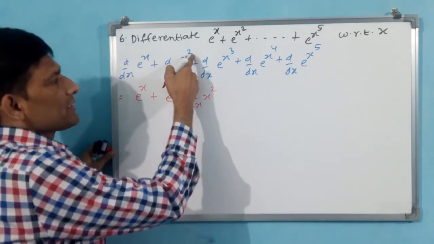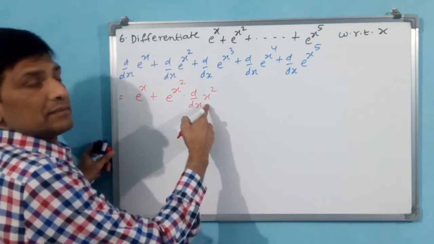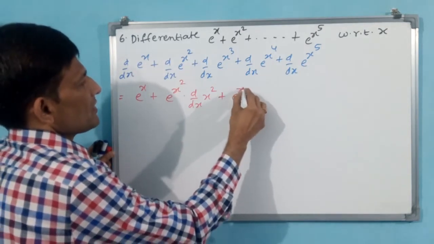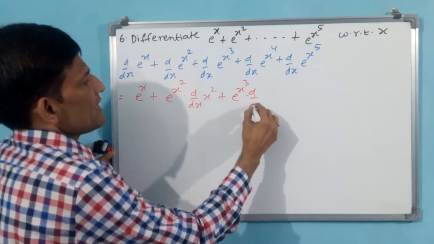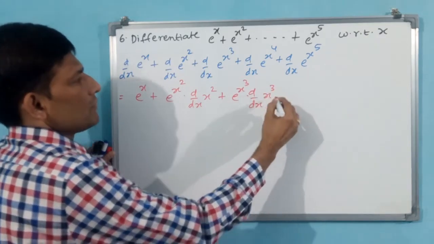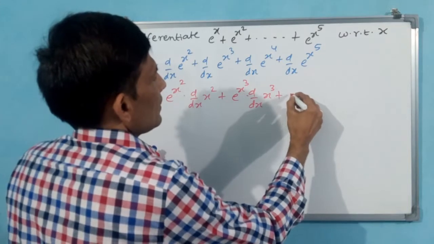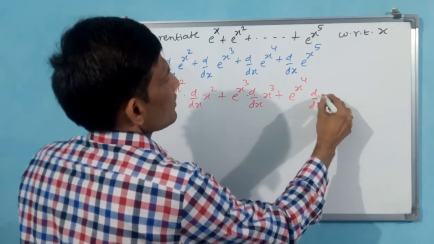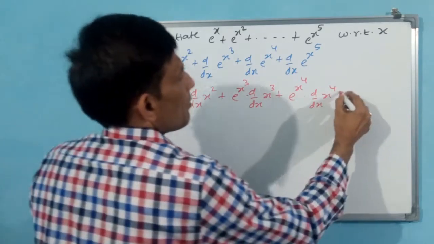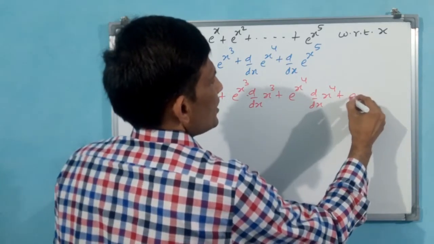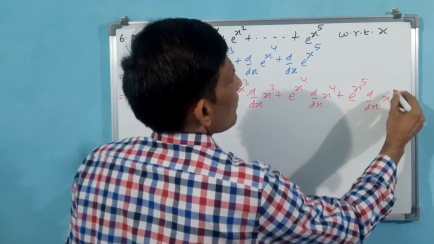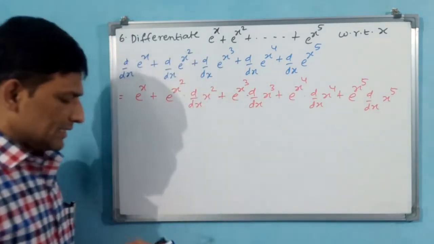Why? Because e power x, again that x, plus e power x cube, again d by dx of x cube, plus e power x to the power of 4, again d by dx of x to the power of 4, plus e power x to the power of 5, again d by dx of x to the power of 5. You understand?